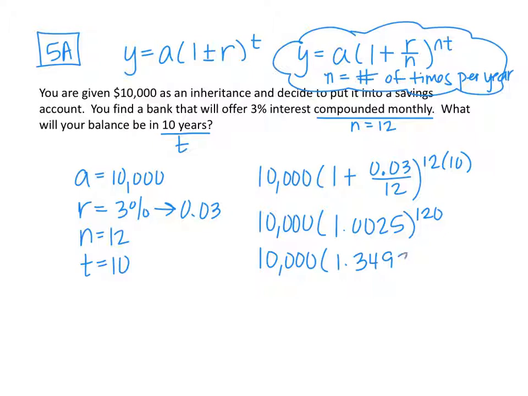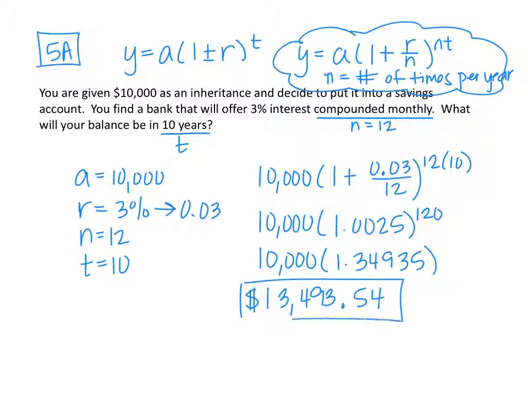The nice part about plugging the whole thing straight into the calculator is you wouldn't have any rounding. I'm going to multiply that by 10,000, and I'm getting 13,493. And I'm going to round my answer to 2 decimal places, 54 cents.